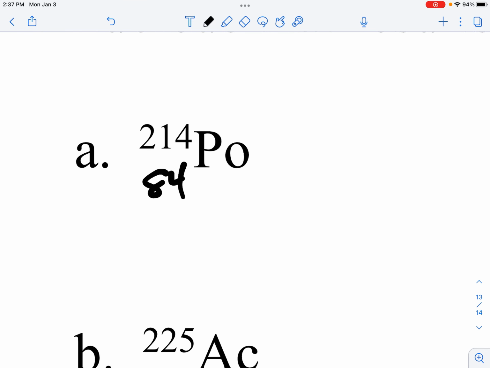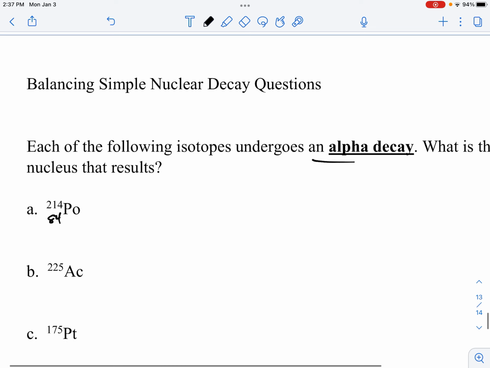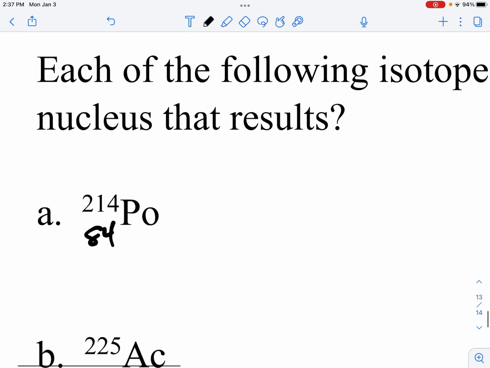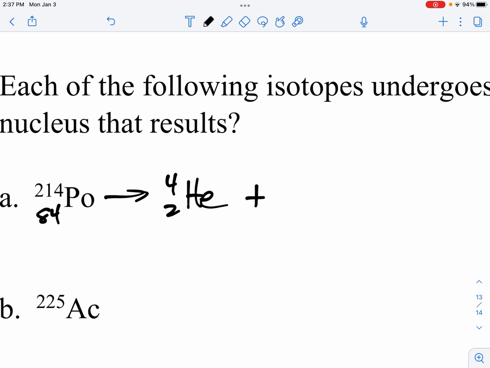No, I didn't give it to you, but I did kind of give it to you because I told you what Po was. And now what did I say? I said that each one of these undergoes an alpha decay. So if that's the case, then I'm going to lose 4,2 helium because that 4,2 helium is the alpha particle. Okay, so then what is remaining? Well, 214, and I lost 4, so that's going to put me at 210.